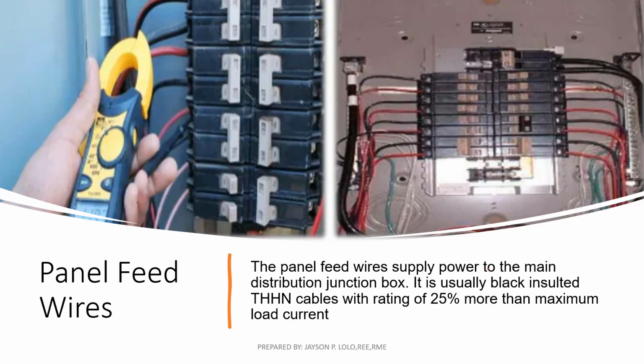The panel feed wires power the main distribution junction box. The junction box is the box where wiring devices are connected together, going to the circuit breakers. It is usually black insulated cable with a rating of 25% more than the maximum load current.